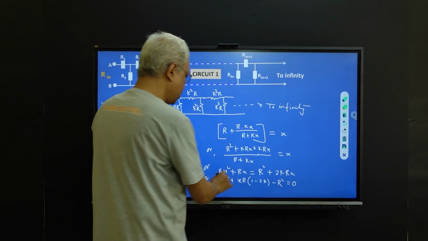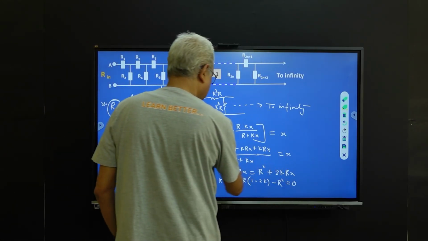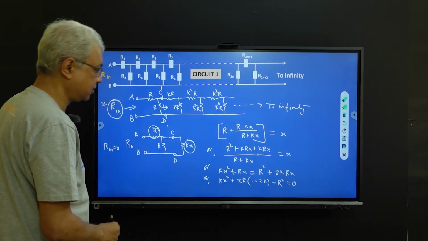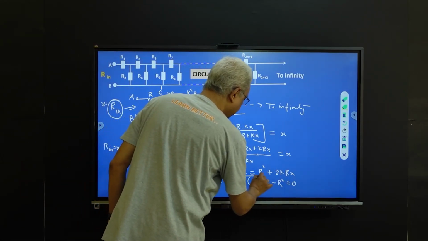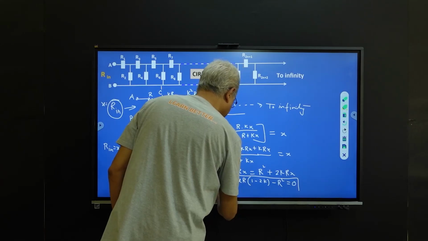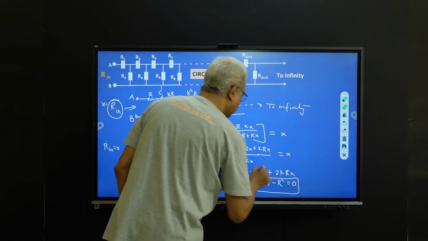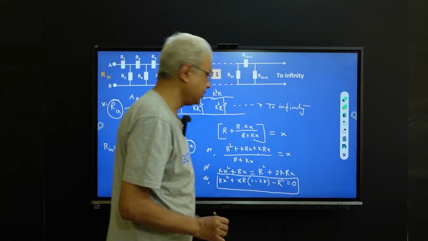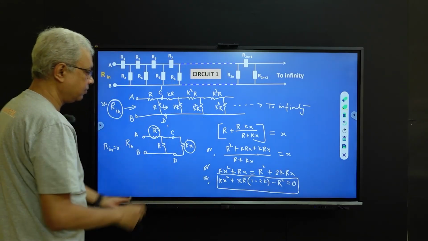Okay, so by solving this quadratic equation in X, you can find the value of X. So the input resistance between the points A and B can be found by solving this equation.